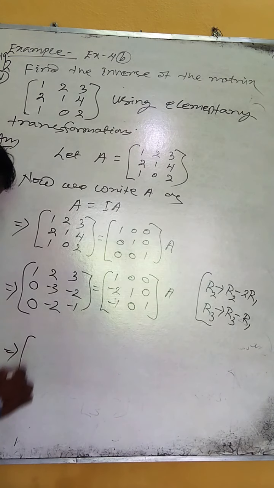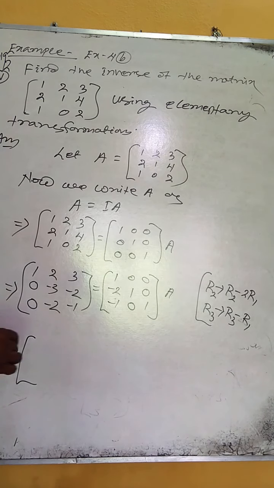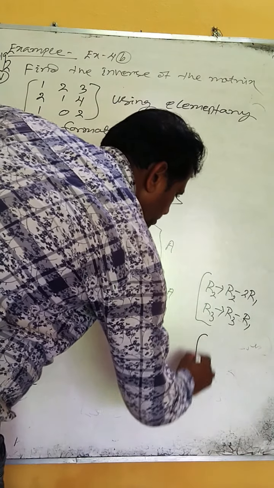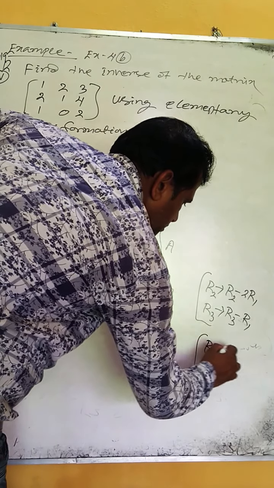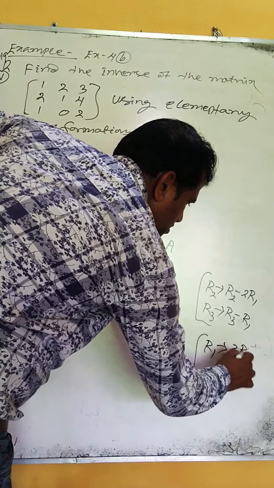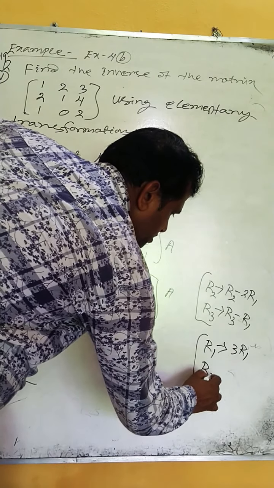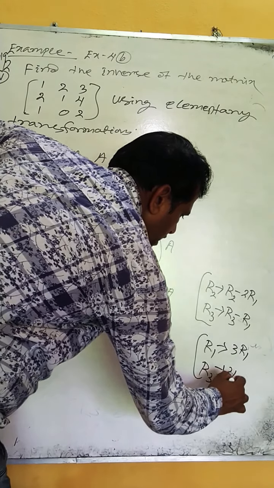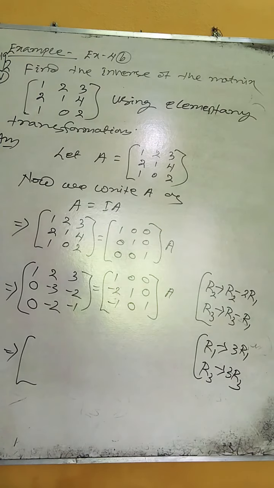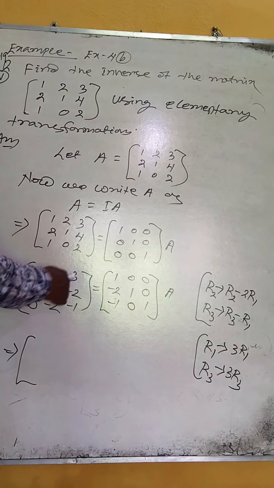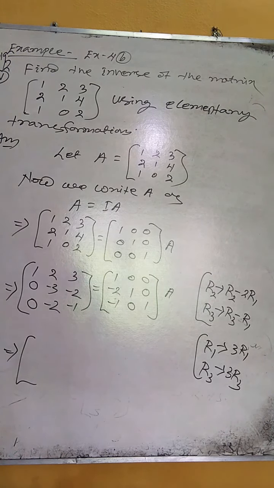Now we transform the first row element as R1 becomes 3R1, and R3 becomes 3R3. That means we multiply each element of the first row with 3 and the third row with 3.